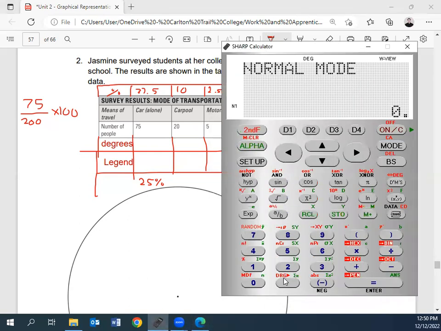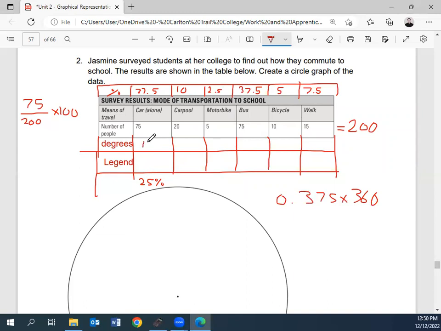If you do that, 0.375 times 360, I can see it's 135 degrees here. So you could either set it up as like that fraction ratio type problem that we've worked with all year long, or if you're good with numbers, you can understand it. Oh, 37.5%, that's this thing here, right?